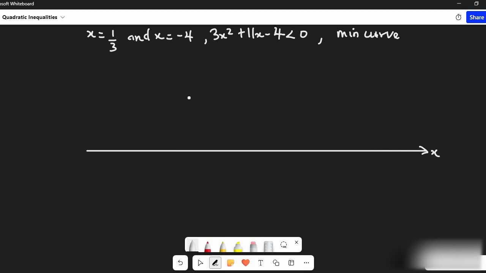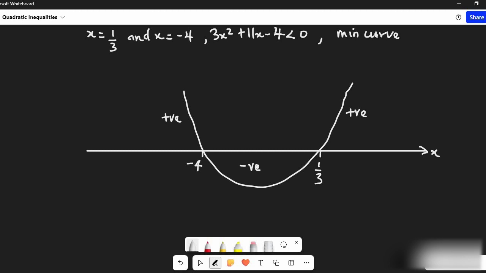So this is the x-axis here. I have a minimum curve. So if we have minus 4 here, 1 over 3 here, we have this positive because it's above the x-axis, positive because it's above the x-axis, and here negative because it's below the x-axis.